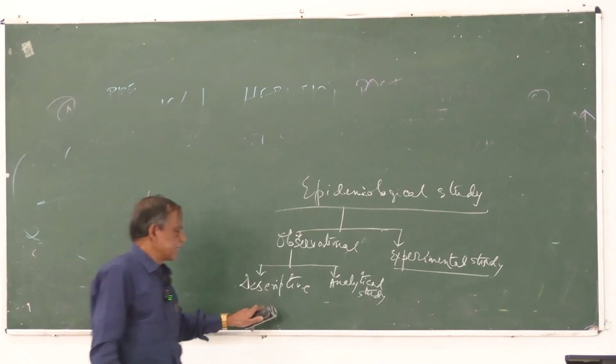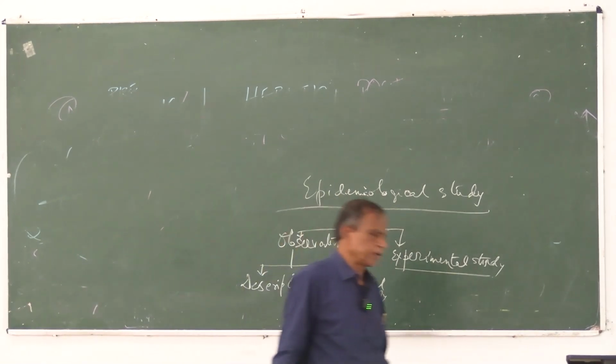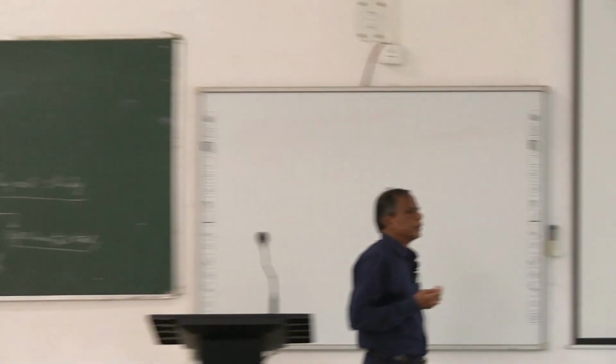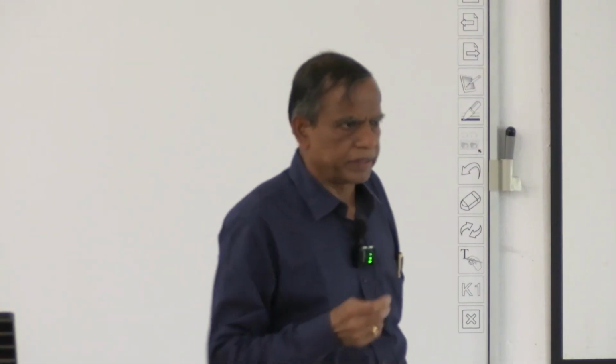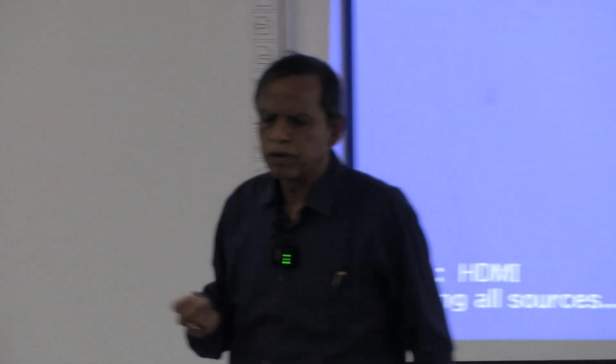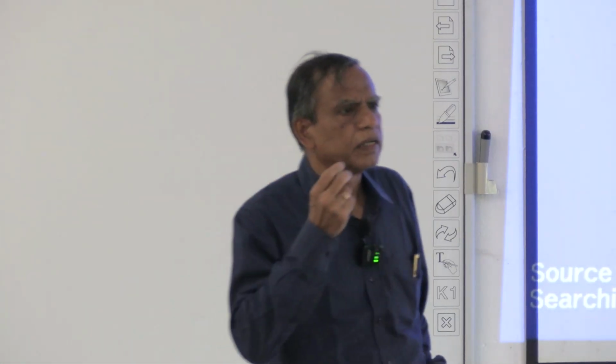In case of descriptive study, we do only how many people have been affected, in which place the disease has occurred, and what is the time of occurrence of this disease.